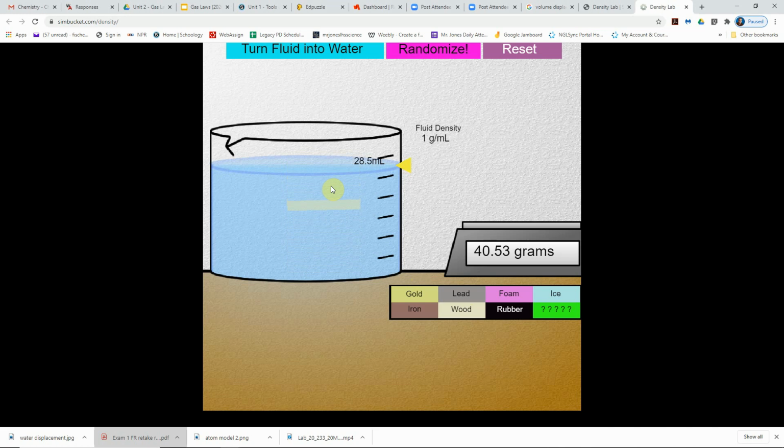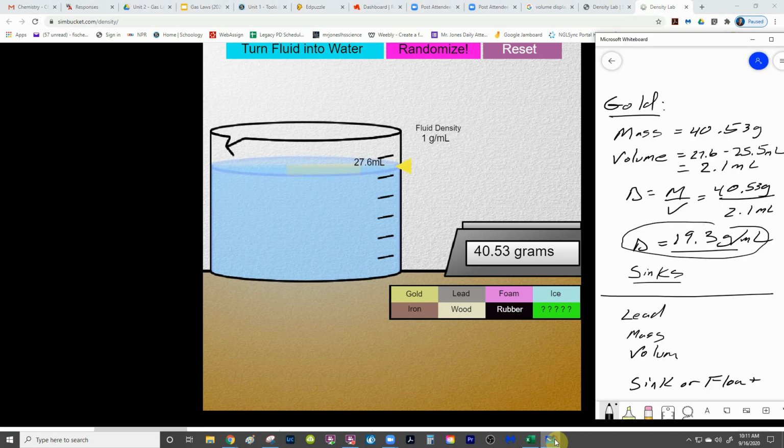So already we're making a prediction that the density is less than 1 gram per mil. That's why it floats. So if your calculation doesn't come out right, you'll know that. Okay? All right, I want you to go do all the rest, including this mystery one right here. Calculate all of them on a paper showing the work just like I did, and then you're going to upload that work into Schoology in the assignment.